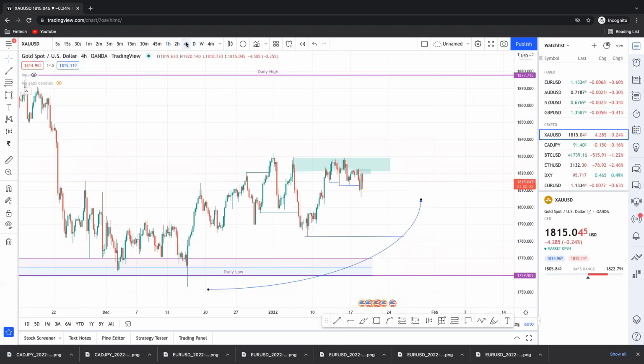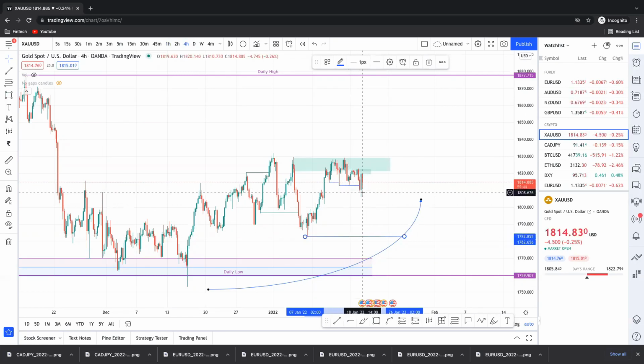In such cases, you've got to play both scenarios. Even if you're a swing trader following the swing model and you are in the buy from here holding it, there is a chance it will continue higher until this daily high.